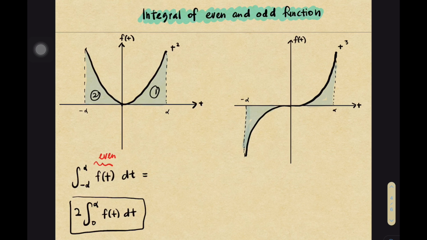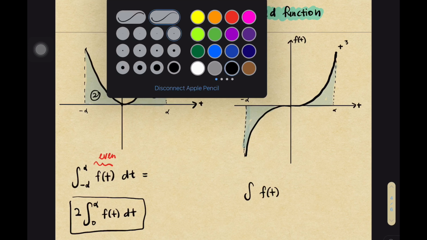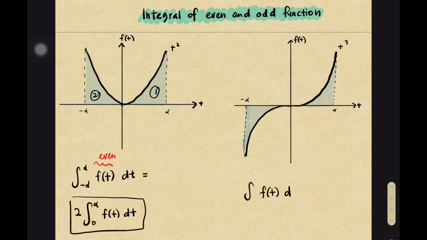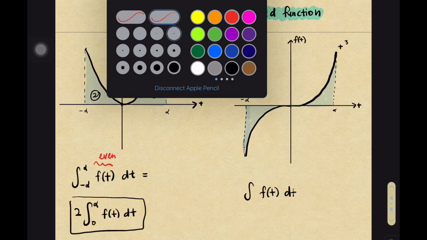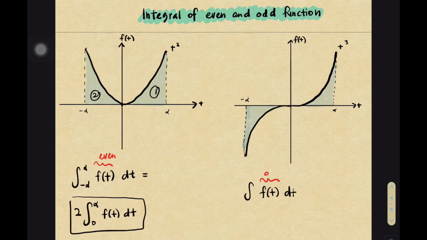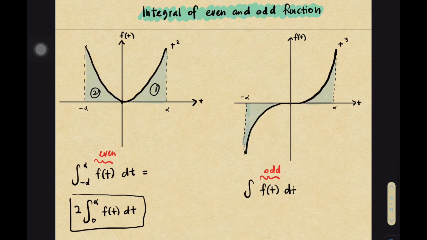But you need to remember that whenever the area is below the x-axis, what you will get is a negative value. Let's say this one is 2, then this one is negative 2. So when you add these two areas, what you get in return is 0.